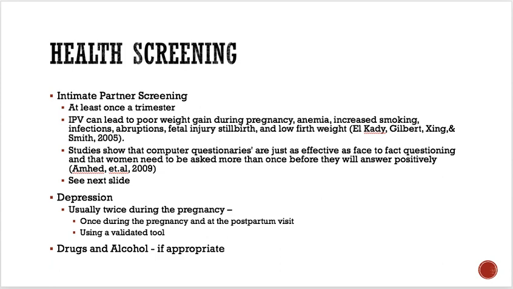The health screenings that we do in these return OB visits are three. So we really need to do intimate partner violence screening at least once a trimester. We know that for women in violent relationships, the risk of increasing violence is incredibly high.